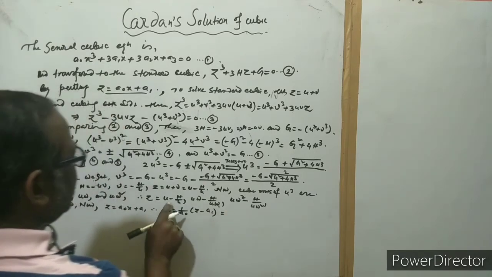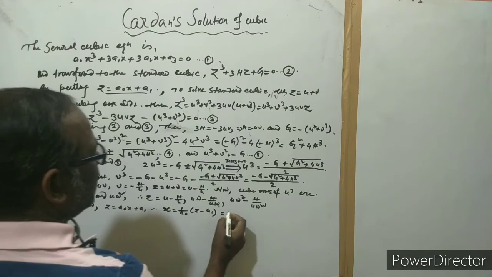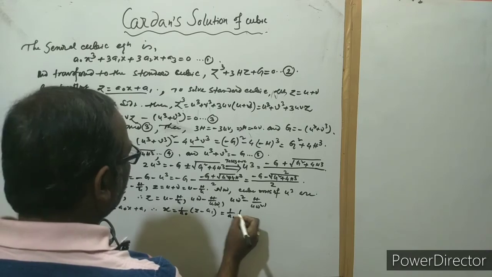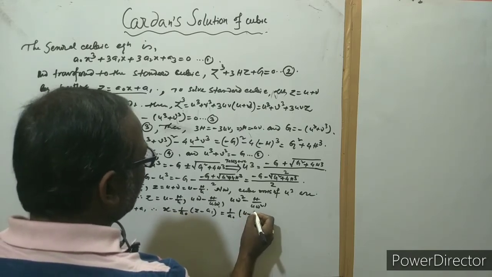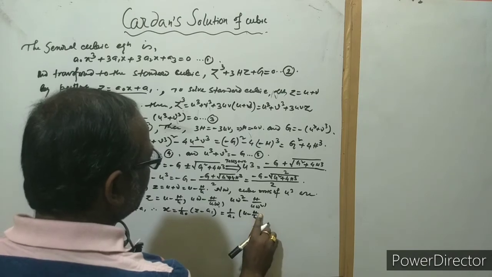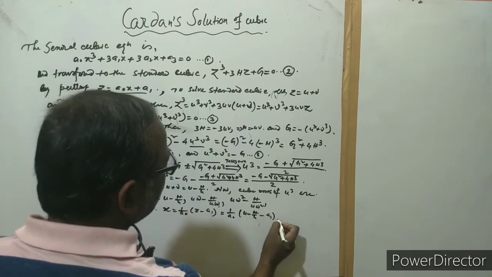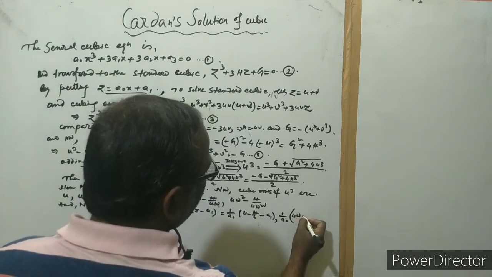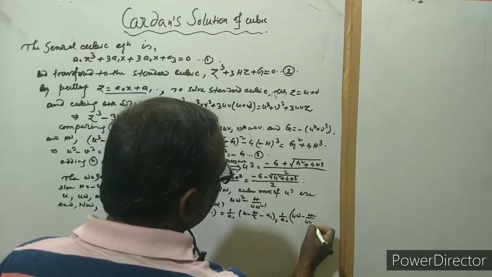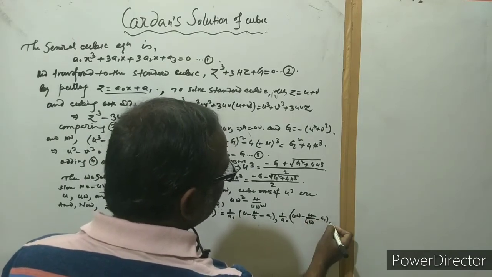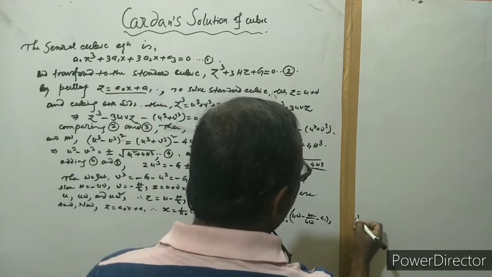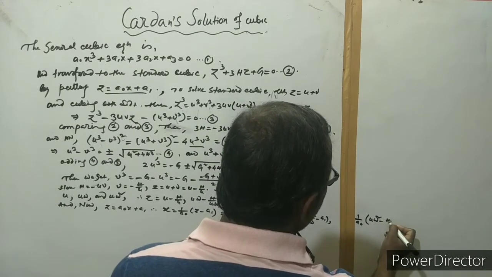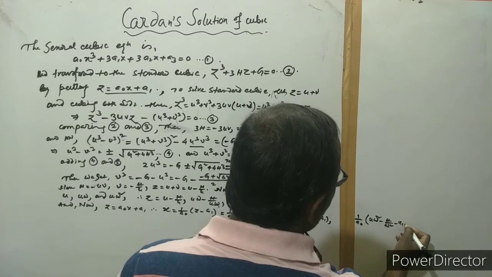If we take this solution and substitute here, then we get u minus h by u minus a1, 1 by a naught into u omega minus h by u omega minus a1, and 1 by a naught into u omega square minus h by u omega square minus a1.